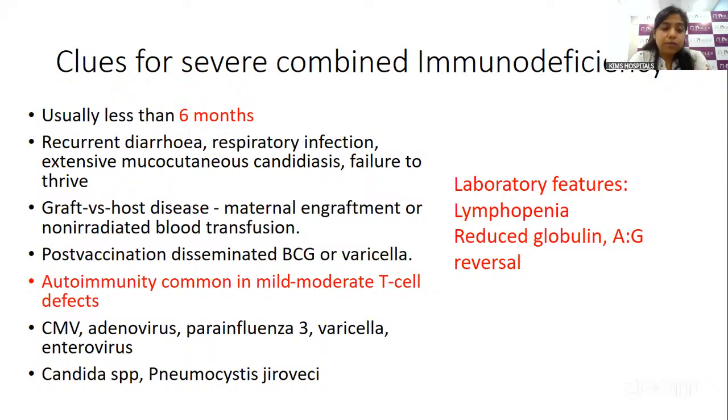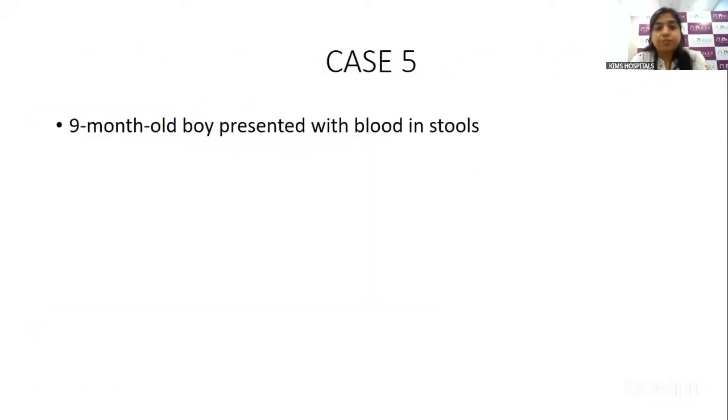They also have a high risk for fungal infections like Candida and for Pneumocystis jirovecii. In laboratory features, we always look for the ALC counts, reduced globulin fraction, and albumin globulin reversal. The next line is to go with the immunological investigation, and later confirm with the genetic diagnosis.